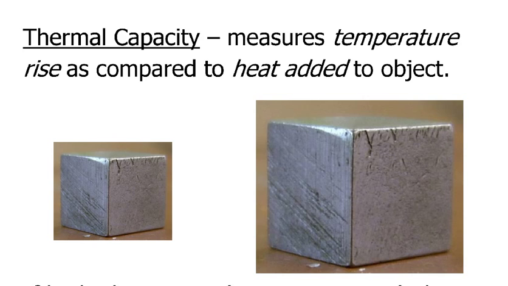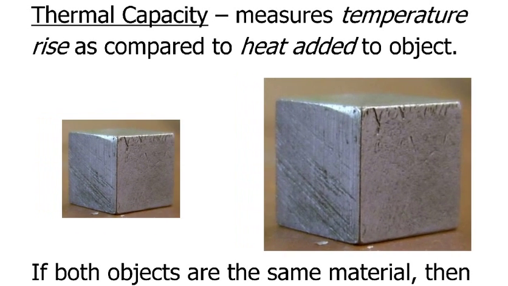So I've got here, you can probably tell this is actually the same picture, but just to illustrate, if you have a small version of an object and a large version of an object, and let's just say they're identical, just different sizes, made of the same exact material, then the question is which one has more thermal capacity? Which one is going to have a bigger temperature rise if the same amount of heat is added?